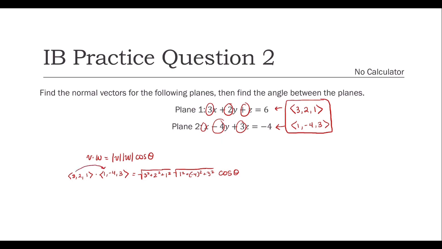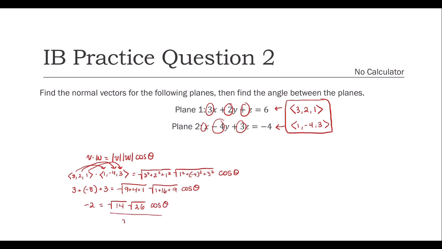So we have 3 times 1, which is 3, plus 2 times negative 4, which is negative 8, plus 1 times 3, which is 3, equals the square root of 3 squared, which is 9, plus 2 squared, which is 4, plus 1 squared, which is 1, times the square root of 1 squared, which is 1, plus negative 4 squared, which is 16, plus 3 squared, which is 9, times the cosine of theta. 3 minus 8 plus 3 is negative 2, and that has to equal the square root of 9 plus 4 plus 1, which is 14, times the square root of 1 plus 16 plus 9, which is 26, times our cosine of theta.